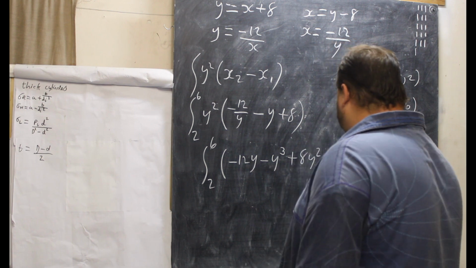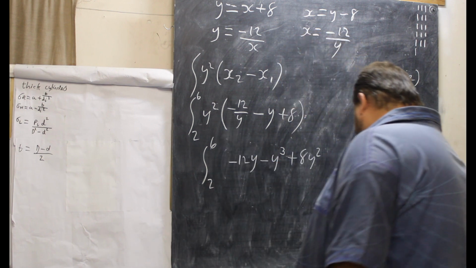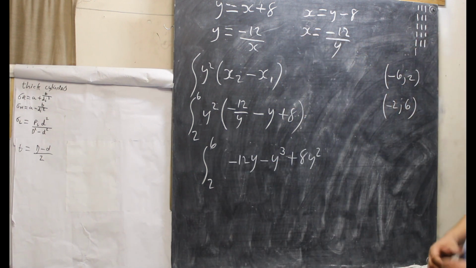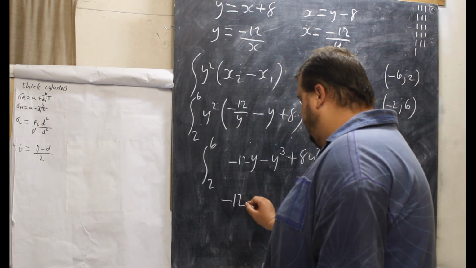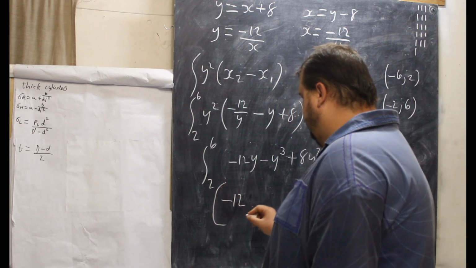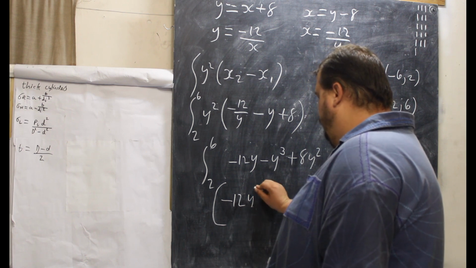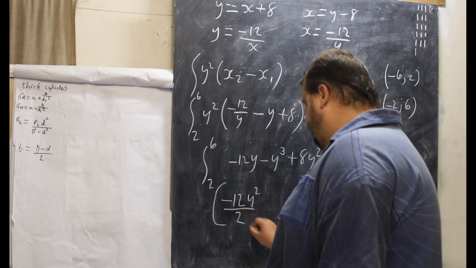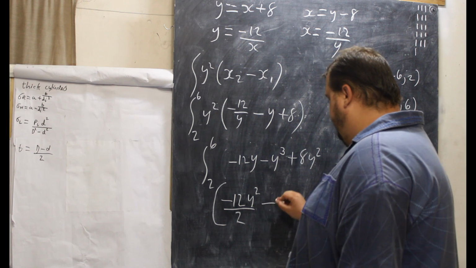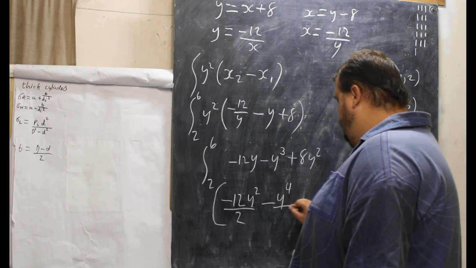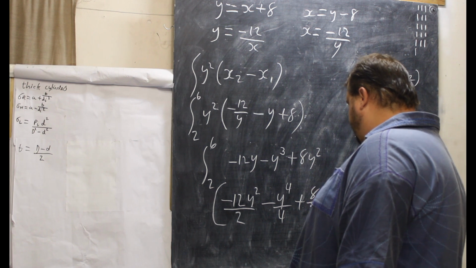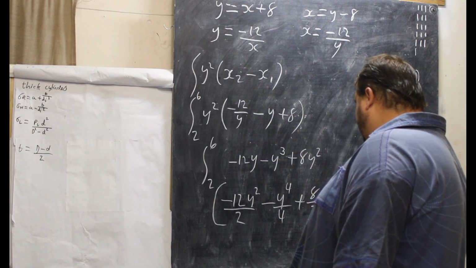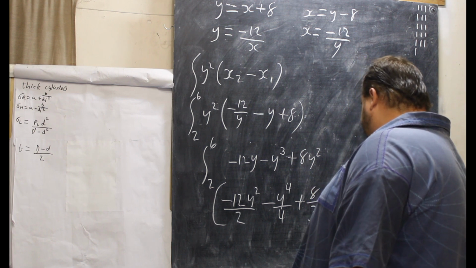So minus 12 y squared over 2 minus y to the 4 over 4 plus 8 over 3 y cubed, from 2 to 6.